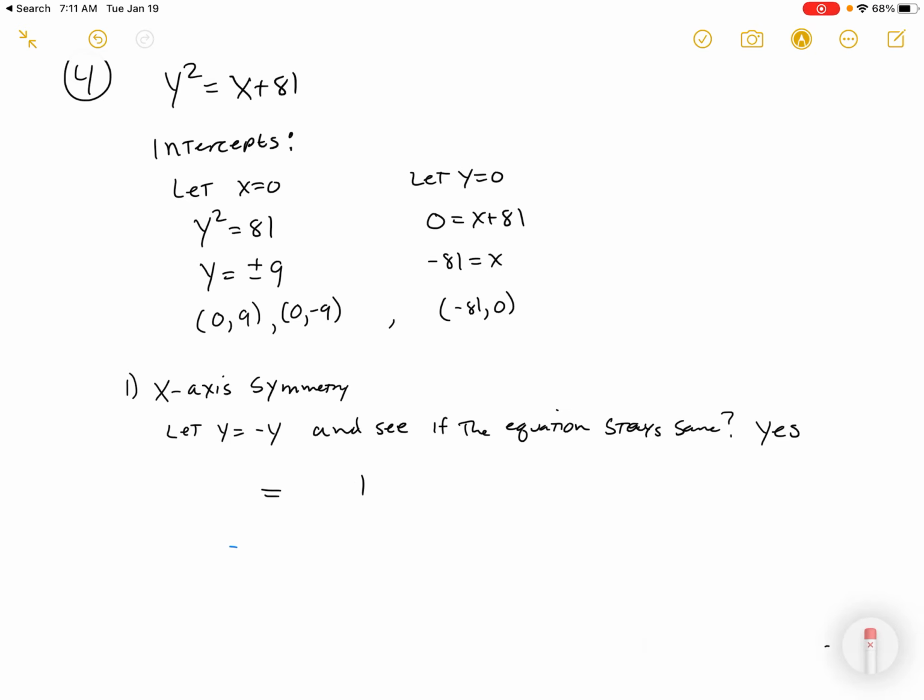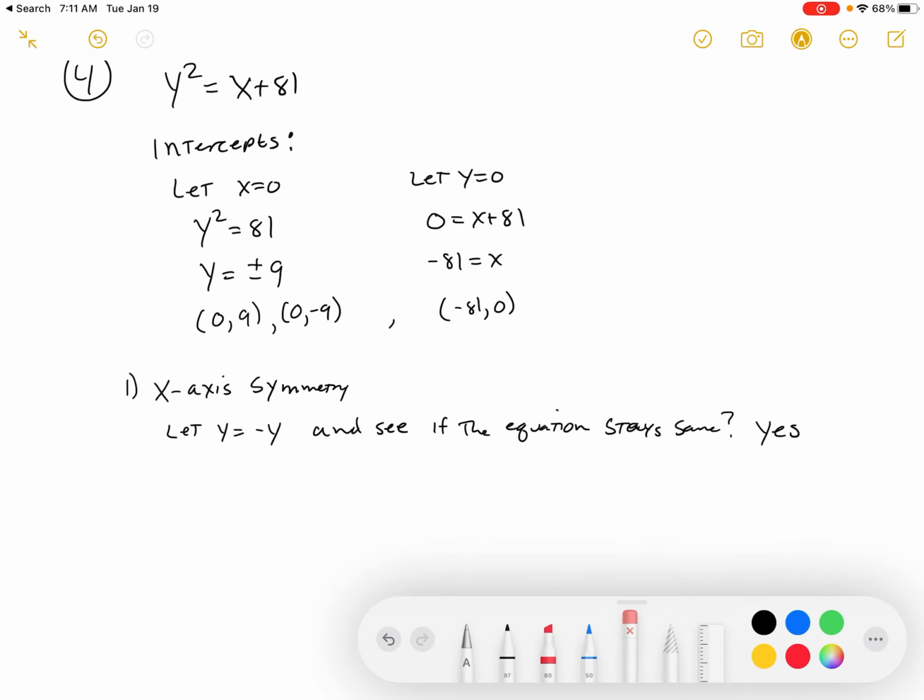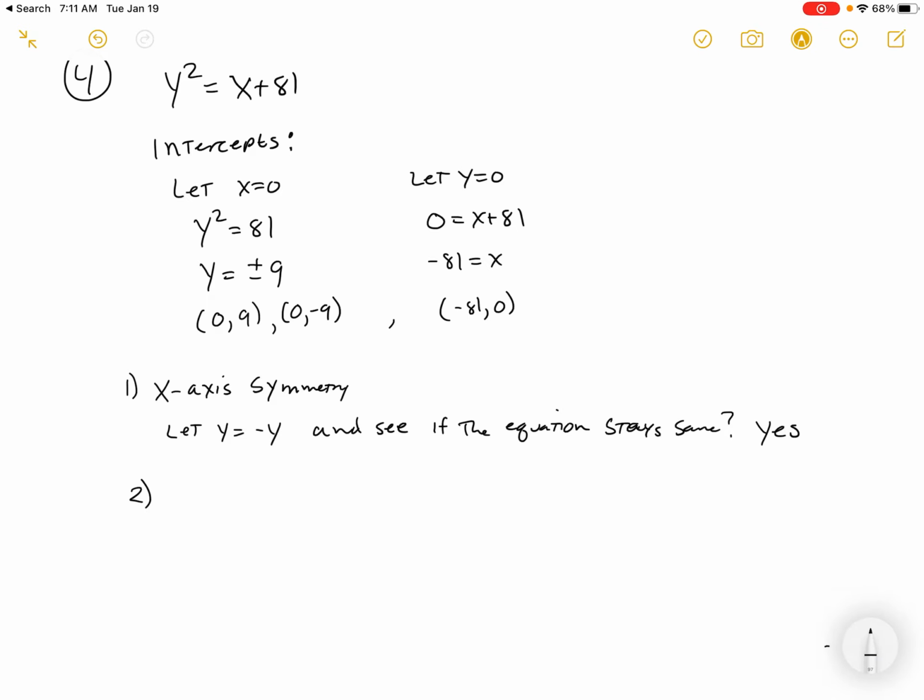So let's check for y-axis symmetry. For y-axis symmetry, we would focus on the x. I'm going to choose different wording here each time, but similar: replace x with negative x and see if the equation is the same.